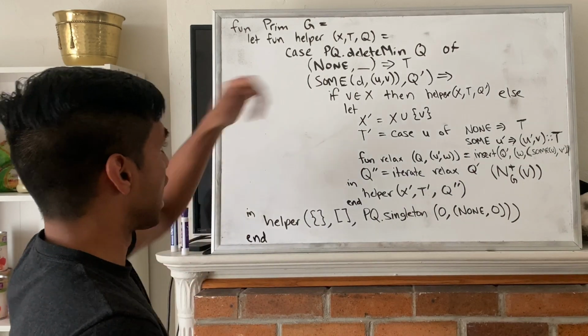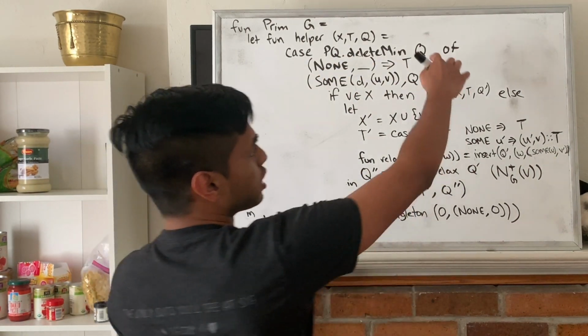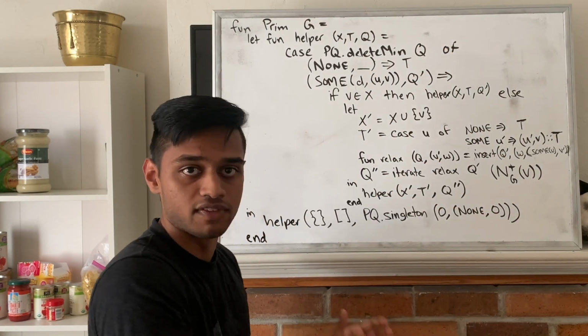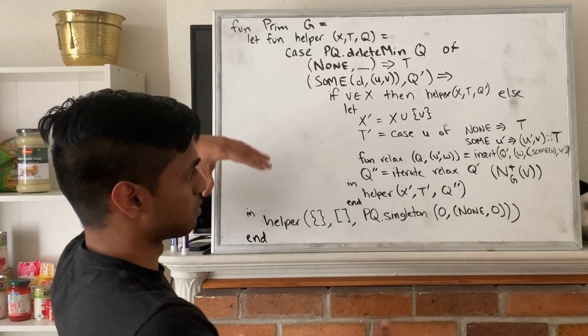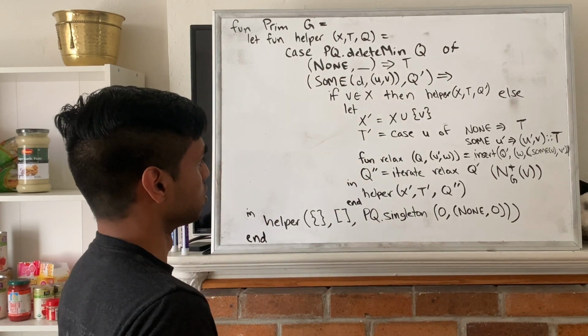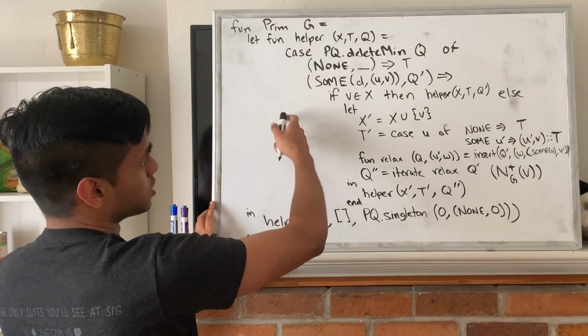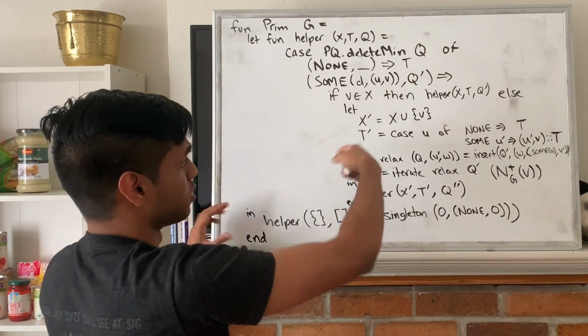Cool. So we have a priority queue Q, which is our main data structure in this algorithm, and Q can grow up to a size M, where we have M edges in our graph. Inserting and popping into this priority queue is going to be log M with a normal priority queue. So we're going to have at most M iterations, because we're going to pop from this priority queue at most M times.